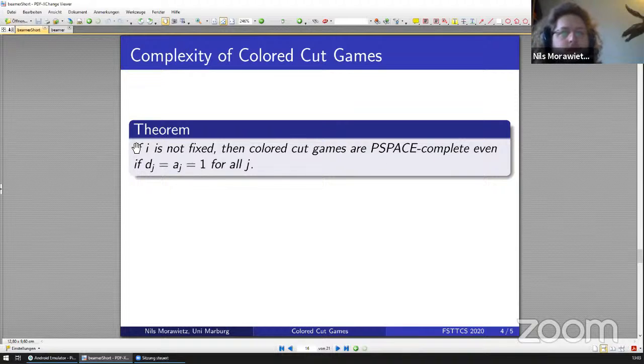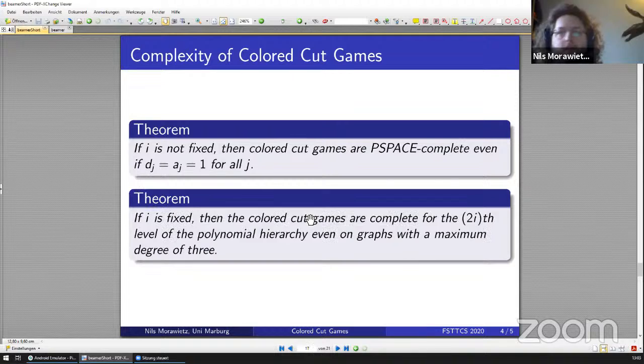But if the number of alternations is a constant, then we're able to show that these problems are complete for the 2i-th level of the polynomial hierarchy, which is still pretty bad, since it is unlikely to solve any of these games in polynomial time, unless we have a constant number of colors in the whole instance.